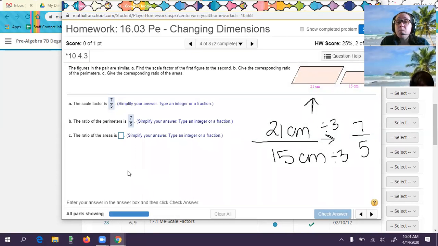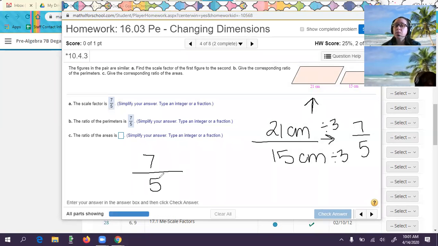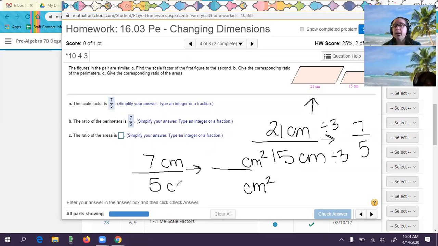Okay, now they want the ratio of the areas. So if we want to see how the areas compare, what do I have to do to this? Because areas are square centimeters. So what am I going to have to do to this scale factor? The other one we square rooted, but we're not working backwards this time.